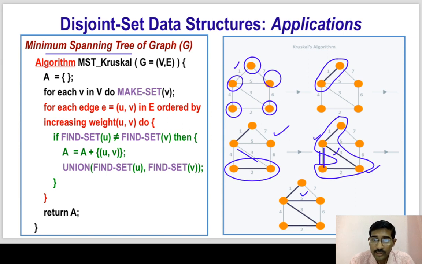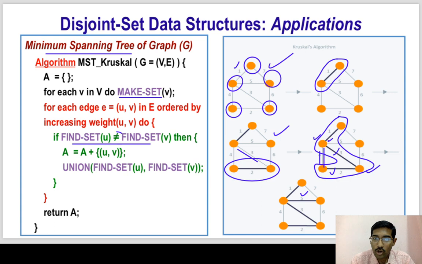First of all, for every vertex individually we make different disjoint sets. Then, according to our edge weights, we check whether two vertices belong to the same set or not. As in this case, these two vertices belong to the same set, so we cannot add the edge.